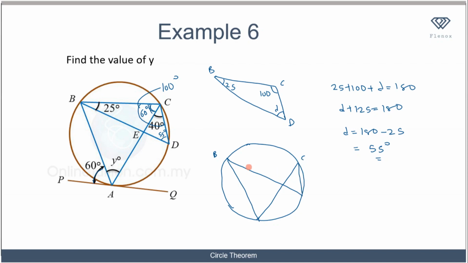So based on the theorem property of arc, if you have an arc BC in this case, any two lines subtending from the circumference, the angle at the circumference is going to be the same. So if here is 55 degrees as we've calculated, then by definition here also will be equal to 55 degrees based on that theorem. Therefore the value of y is equal to 55 degrees.